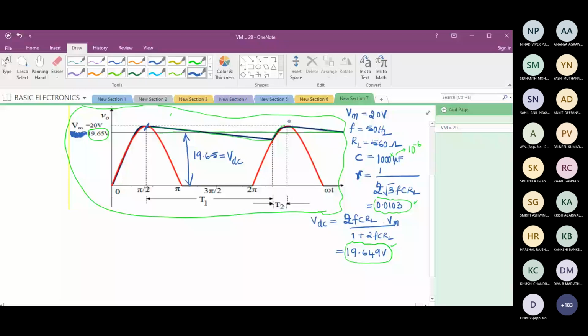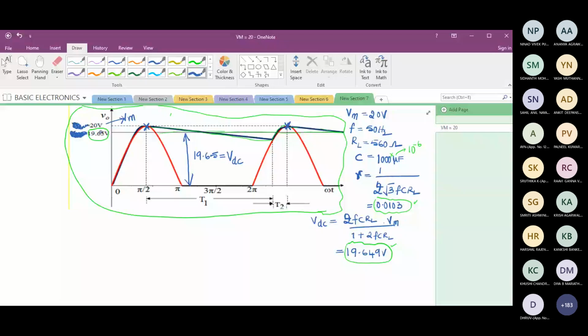The maximum value? Even if this is not given, can you make out this is peak VM? So if you get a question like this, given this waveform, 19.65 and 20, they will not mention VDC and VM. You must be in a position to identify the parameters or the voltages properly.